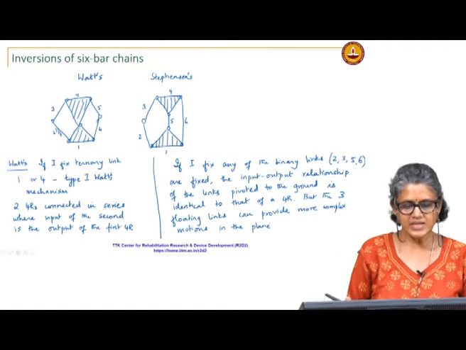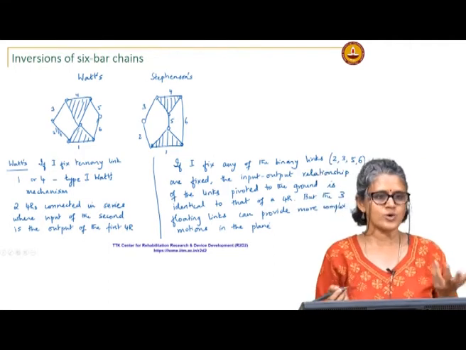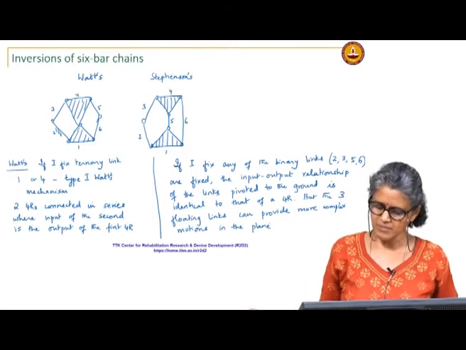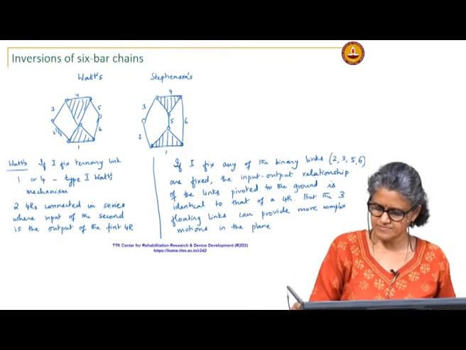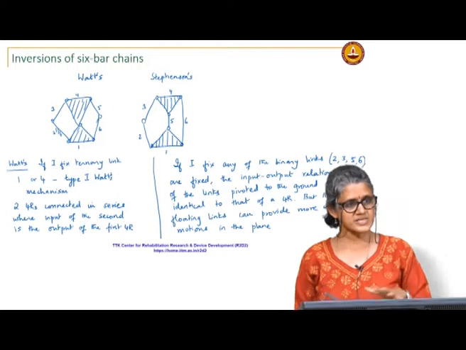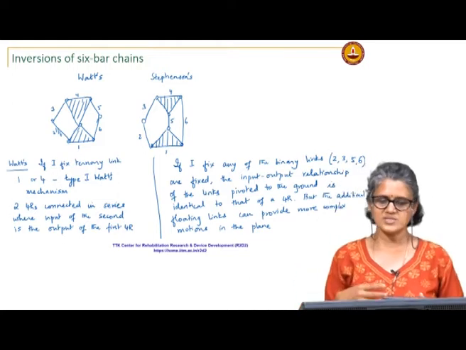I should not say the 3 because 4 will do what a 4 bar does, 5 and 6, but the 2 additional floating links. Floating links can provide more complex motions in the plane.